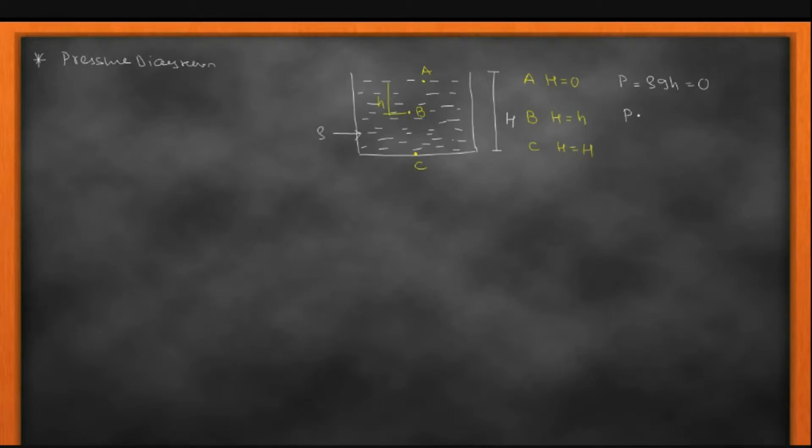At point B we get rho g h, and at point C we get rho g into capital H. So with this intensity of pressure, suppose I plot on a vertical line of the same height, which is the height of the tank, and represent the intensity of pressure using some scale. Here it is 0, and here we get the maximum, which is equal to rho g into capital H.